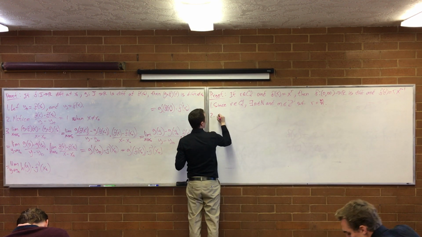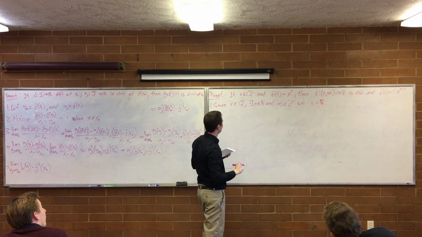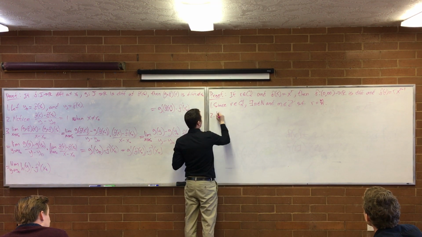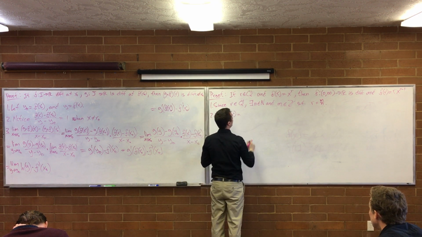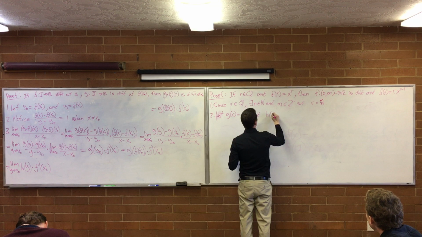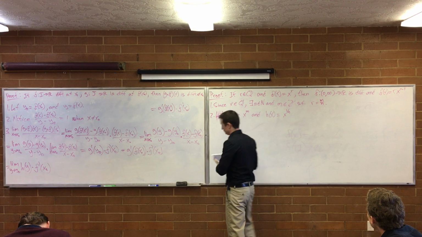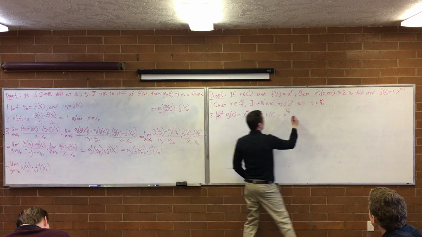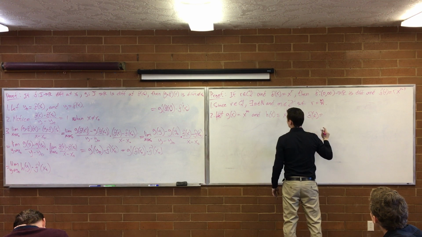Oh, that's why he used H, so he could use F and G to be our composition. Well, too late. So we use G and H. Let g of x equal x to the m and h of x equal x to the 1 over n, such that f of x is now equal to h composed with g of x.